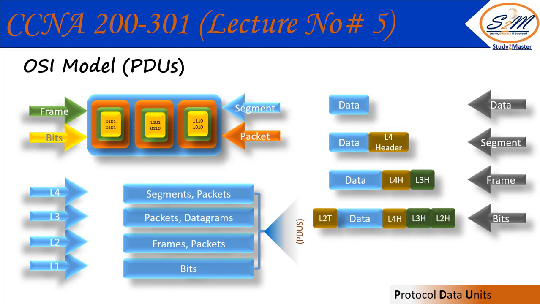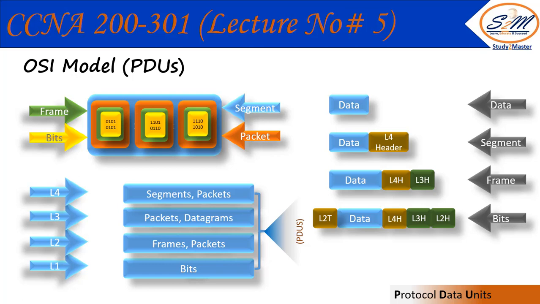These combine with the headers of layer 1, layer 2, layer 3, and layer 4. A complete encapsulation is called a PDU, or protocol data unit. When the top layers encapsulate the data, at first it is just called data.